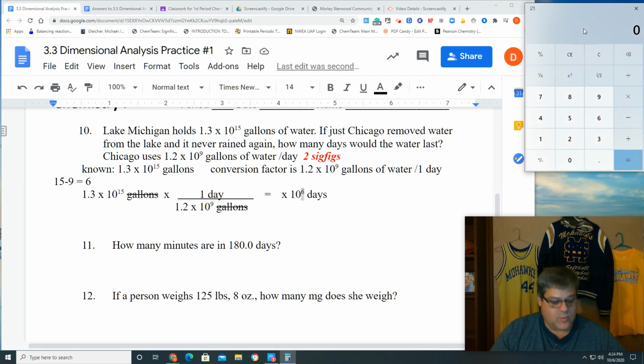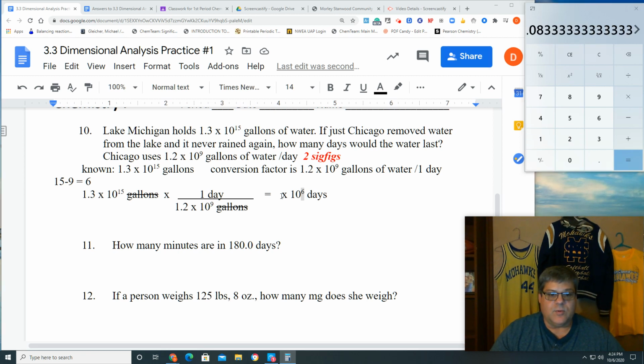So I'm going to go over to our calculator, and we're going to put 1.3. And we're going to skip everything else, divide that by 1.2, and we end up with 0.083. Let's do that again. 1.3 divided by 1.2 equals.